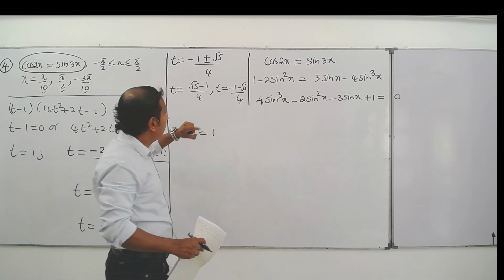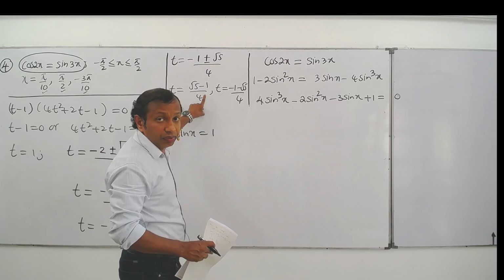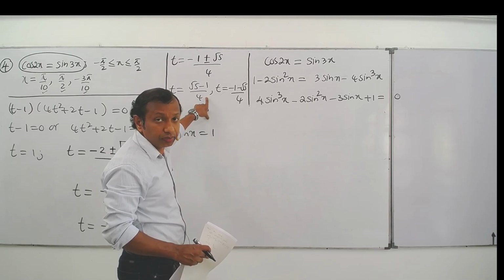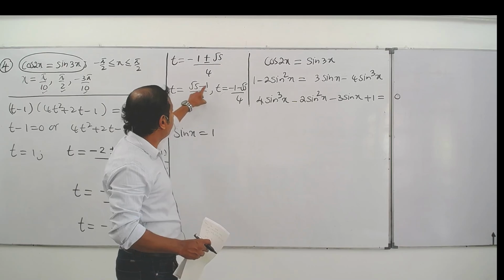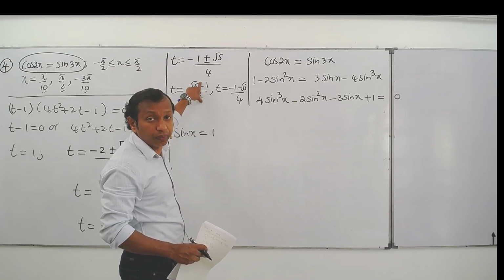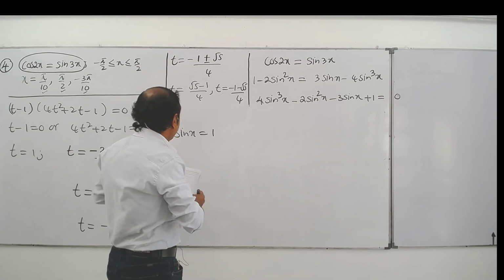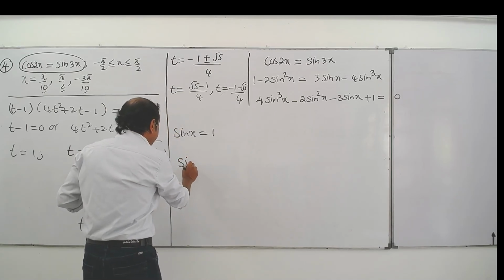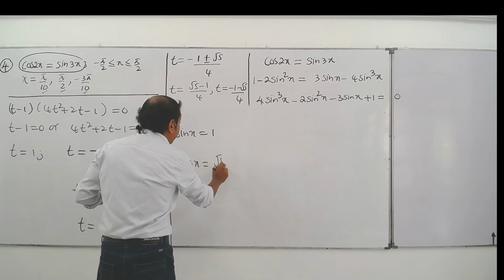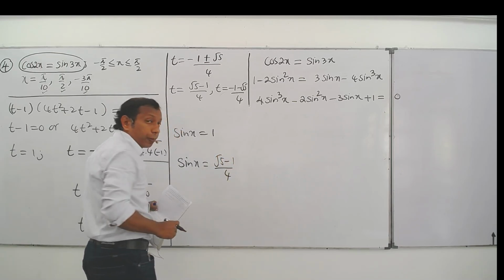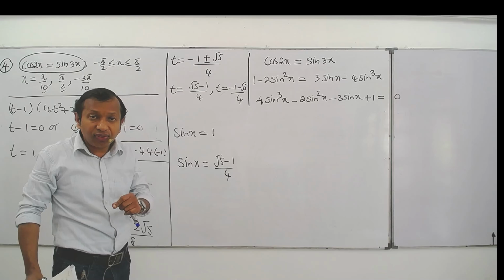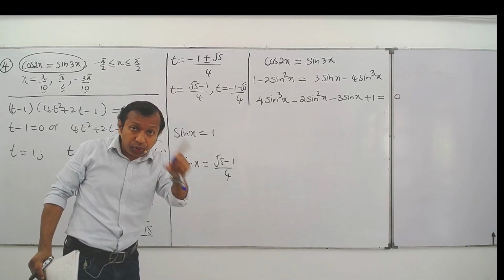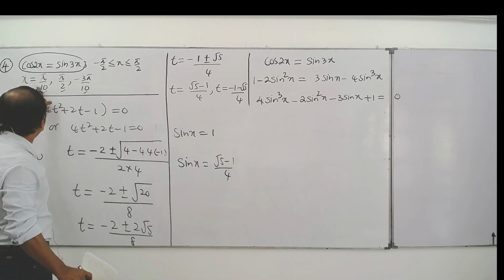Secondly, second answer of sin x is this. This is root 5 minus 1 by 4. This is a positive value. For sin x to be root 5 minus 1 divided by 4, there is a certain angle, no? For x, that angle should also be available among these 3.